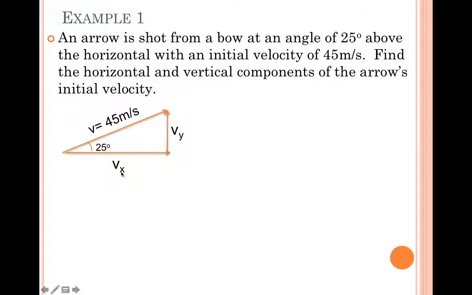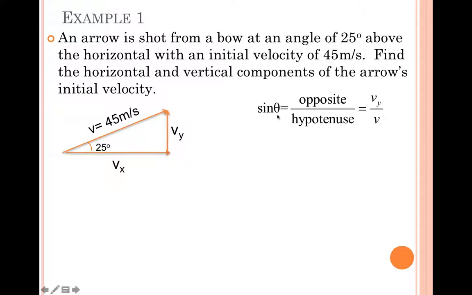So since this is the adjacent side, then velocity in the x direction will have to do with the cosine function, since cosine is adjacent over hypotenuse. So to find Vx, we're going to use cosine. Vy is opposite this 25 degree angle, so to solve for Vy, we're going to use the sine of 25 degrees. So let's try that real quick.